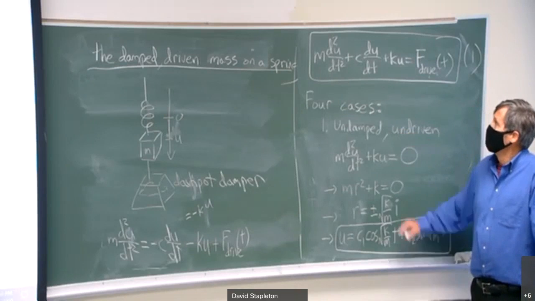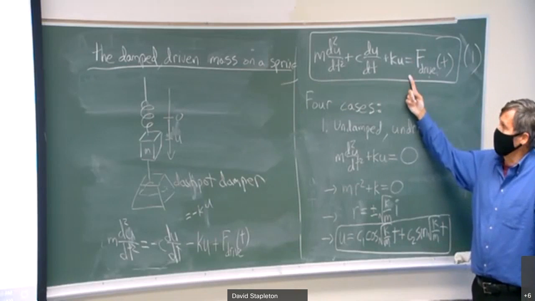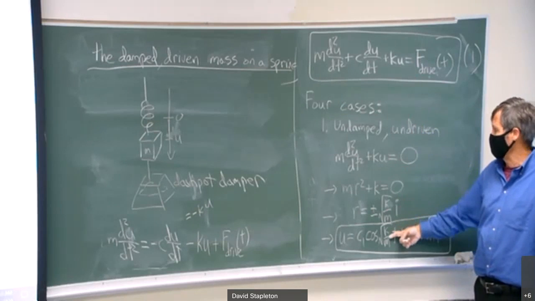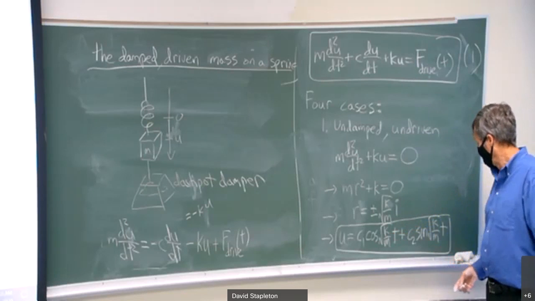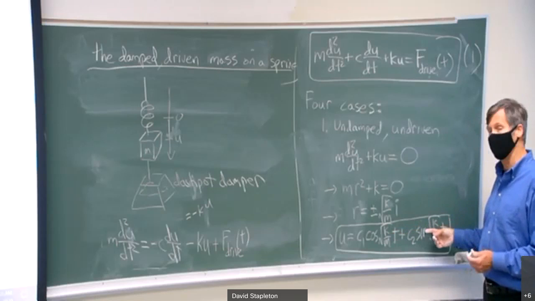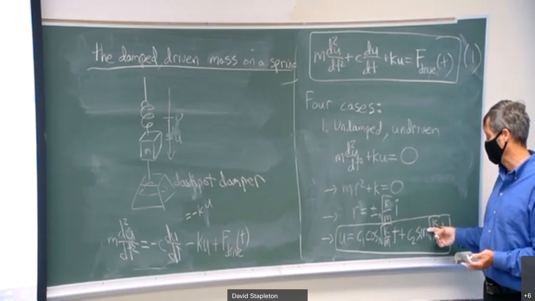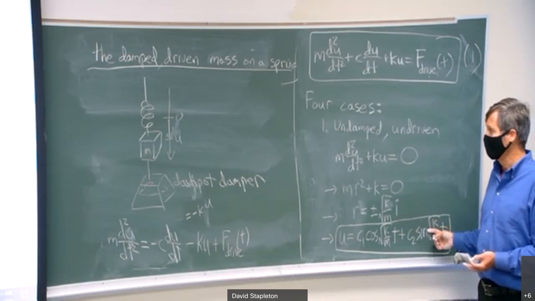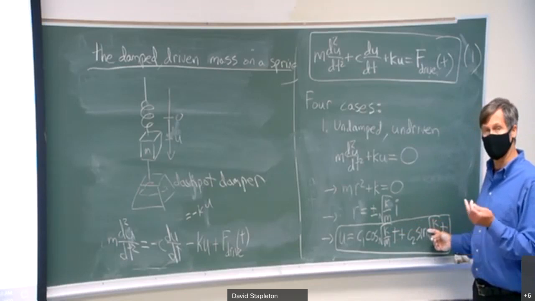Okay, so this is the general equation we're looking at for a possibly damped, possibly driven mass on a spring. Spring is always there. Here's the first case, no damping, no driving. We get the solution. Beautiful. All we have to do is apply initial conditions. This shows you immediately that if you give me the initial position and the initial velocity, what do you get? The existence uniqueness theorem says we get a unique solution.